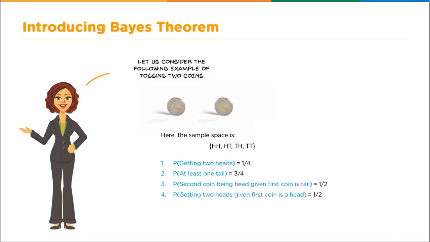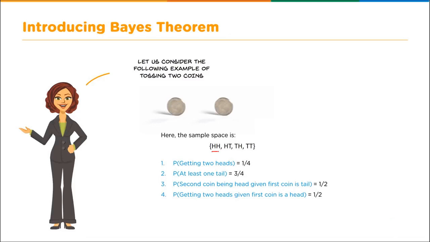Out of these four combinations, if I want to find the normal probability, the first probability, the probability of getting two heads when I toss the two coins, out of these four.